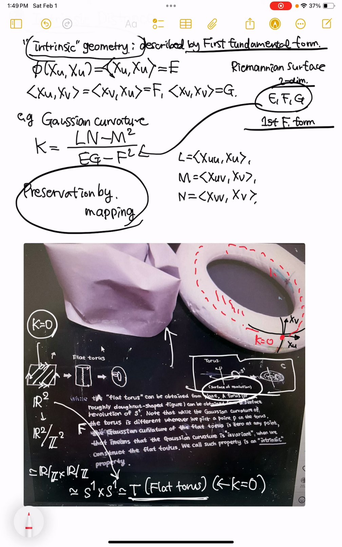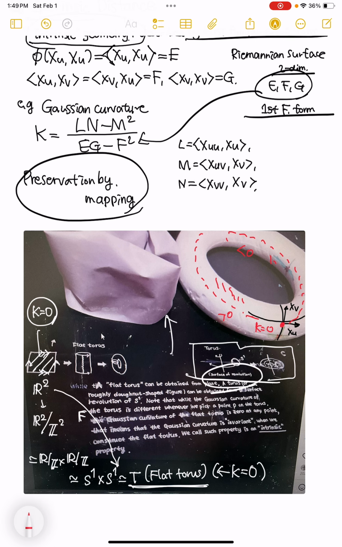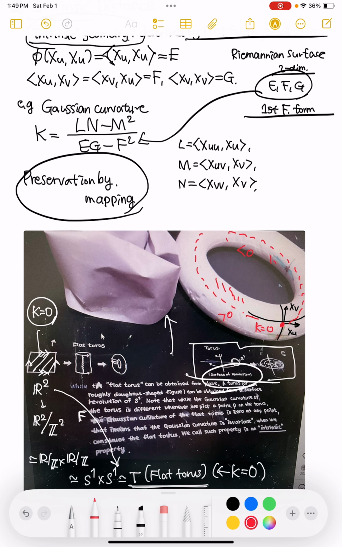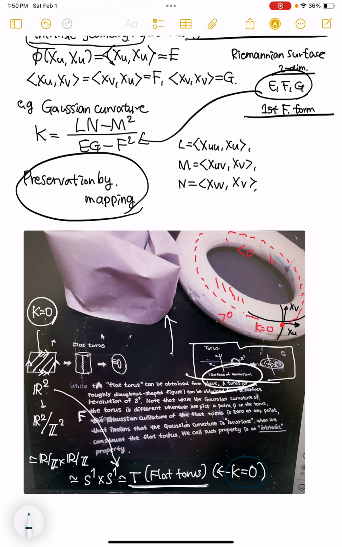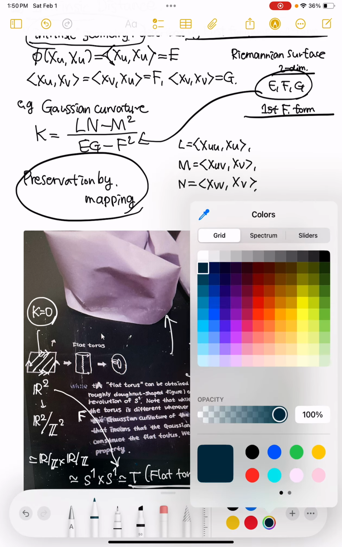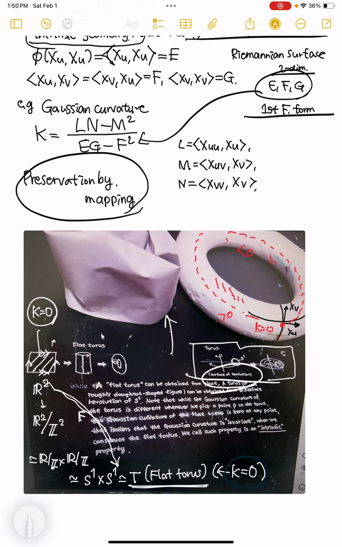Inside is negative curvature. That part is positive curvature. But in the case of the flat torus, it is always 0 curvature, and that property, 0 curvature, is preserved by the given mapping F.